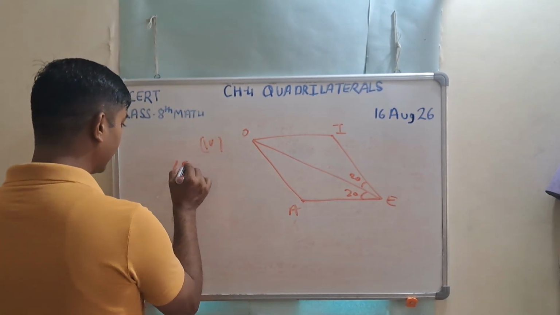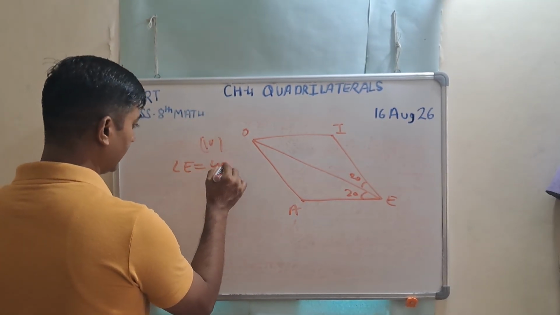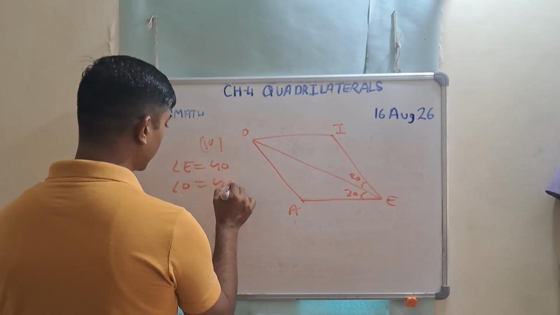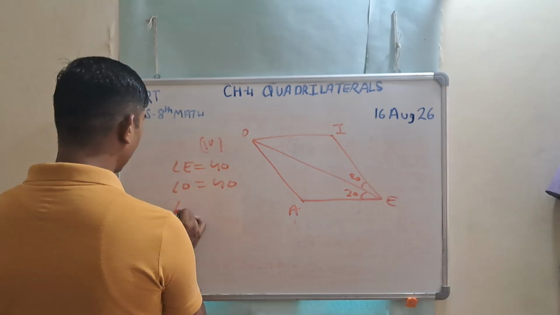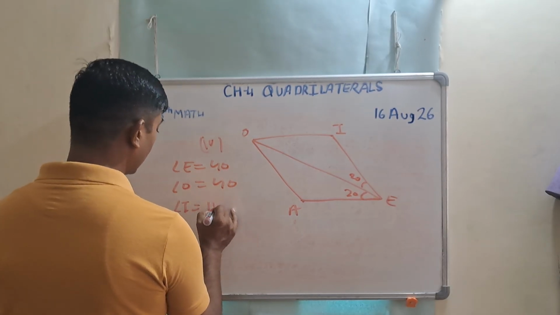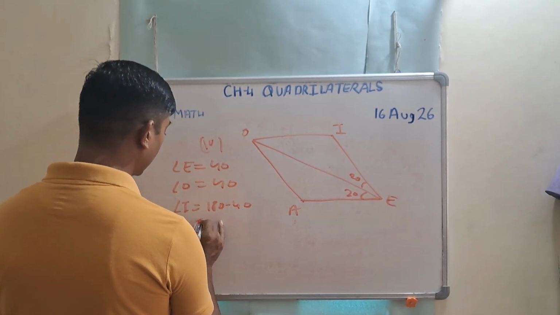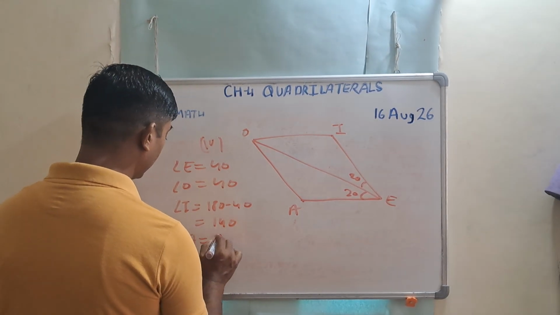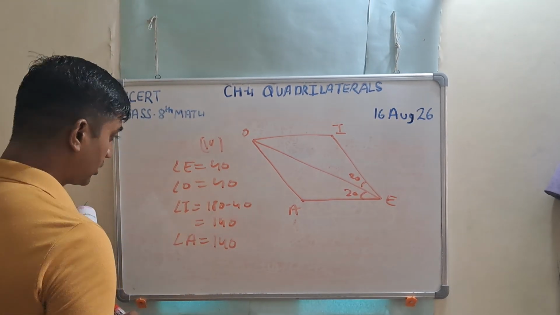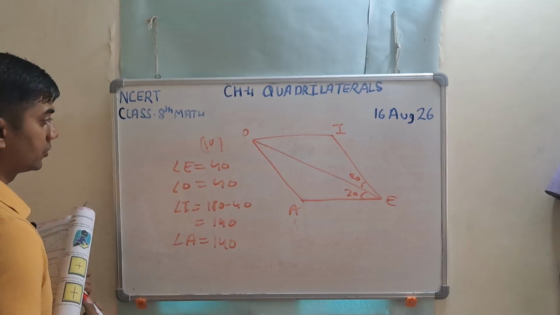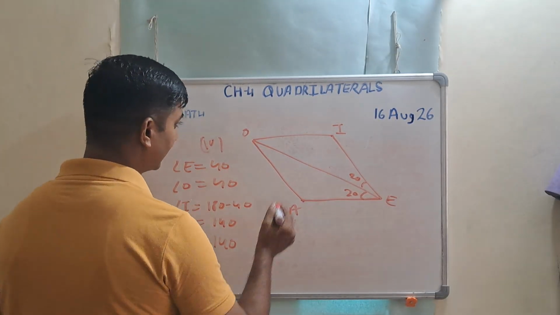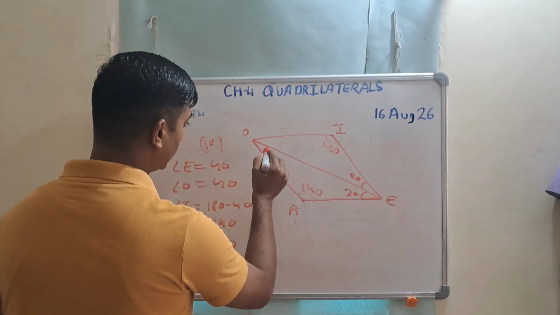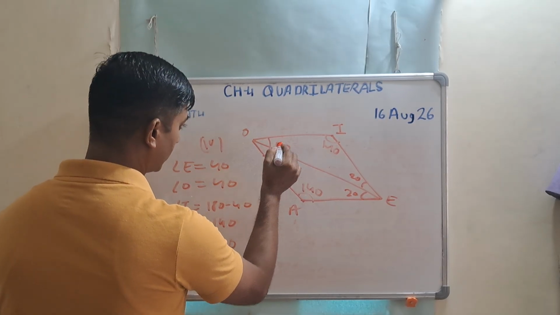The whole angle E is equal to 40 degrees. Understood? So angle O is also 40 degrees. Then angle I is 180 minus 40, that is equal to 140, and angle A is also 140. These are the values of the angles. Understood? That we can write here 140, 140, and the whole angle is 40.